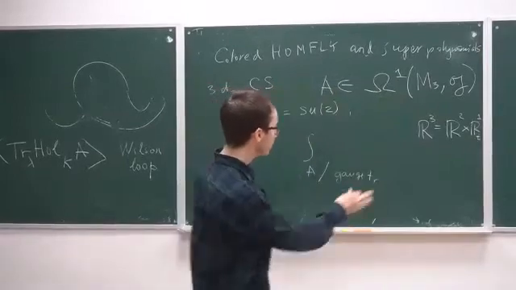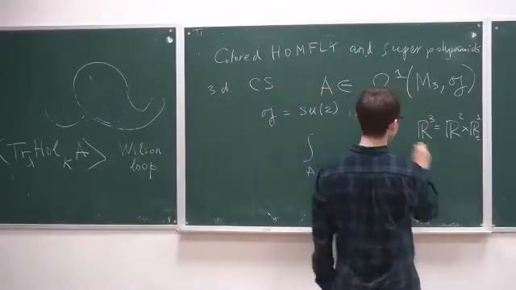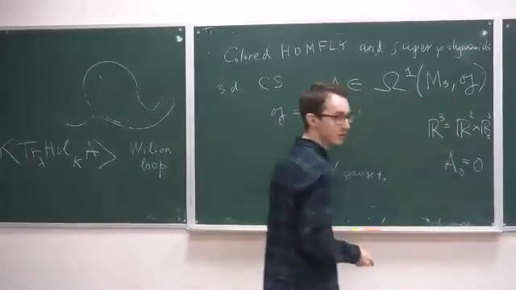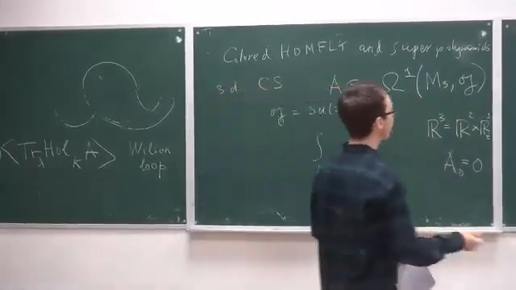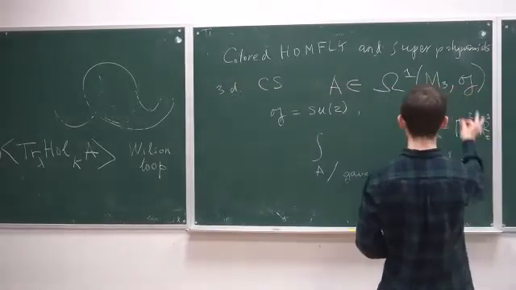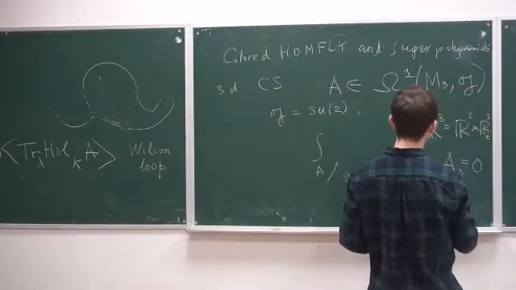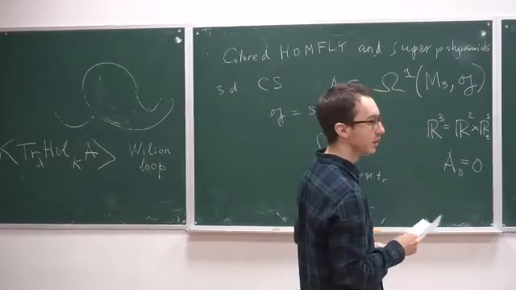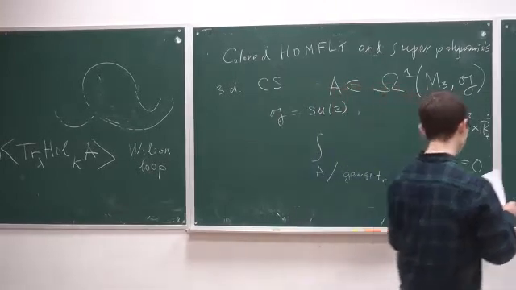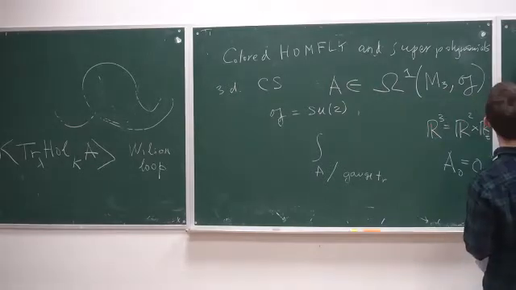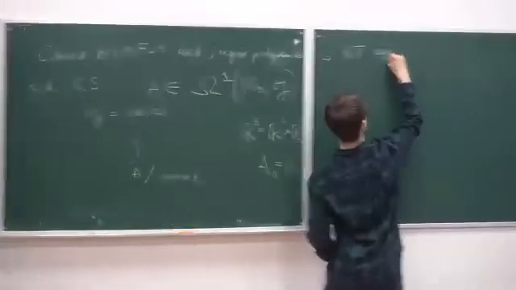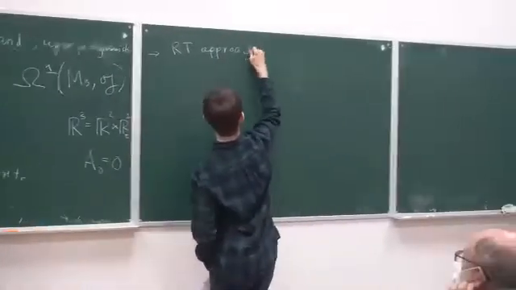Then we can choose a gauge where the t component of this connection equals 0. In this gauge, the theory becomes almost free, and so we actually obtain the Reshetikhin-Turaev approach, which is rigorous.